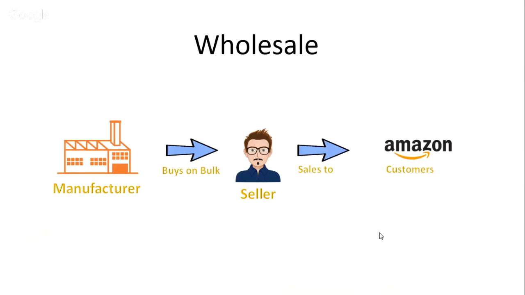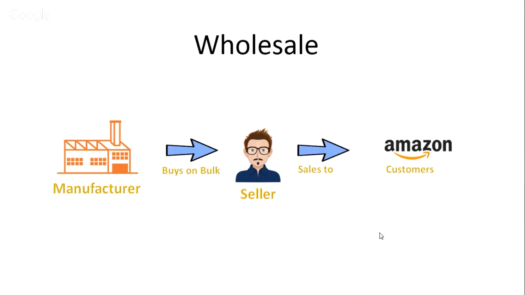Wholesale is the business model where, if I am the seller or you are the seller, you have to find a manufacturer whose product is getting sold on other marketplaces apart from Amazon. It might be online on a different marketplace like Flipkart or eBay.